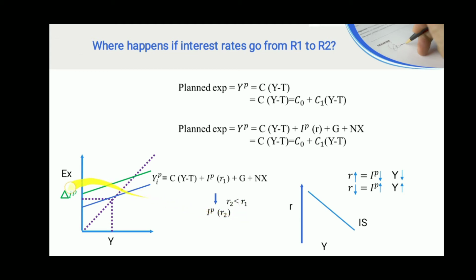So delta Y went up because the interest rate went down. Here we can see the relationship: when R, the interest rate, goes down, investment goes up, and the equilibrium real GDP goes up. This is the relationship between interest rate, investment, and income.